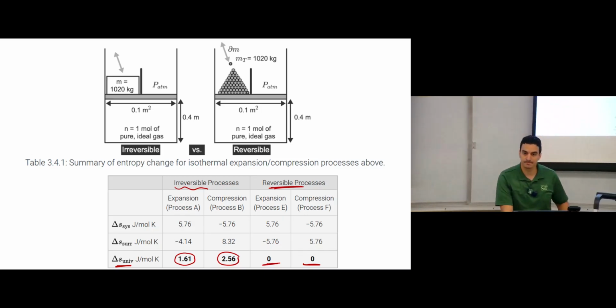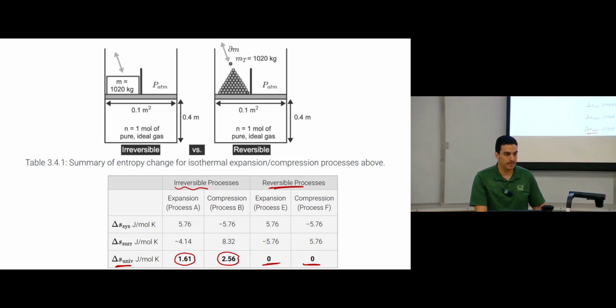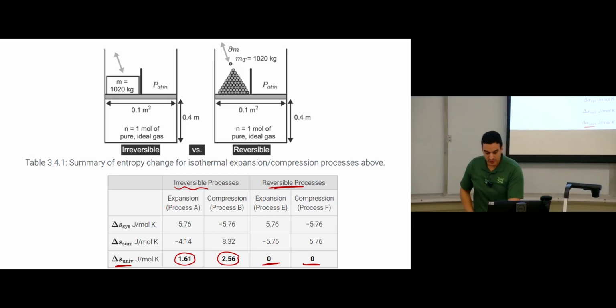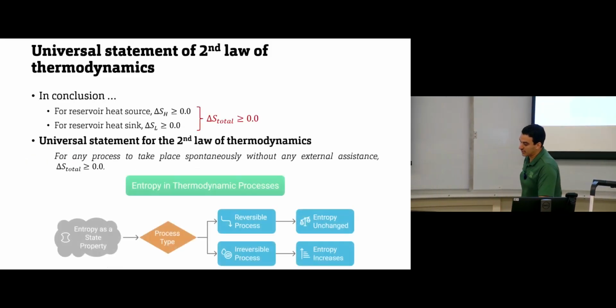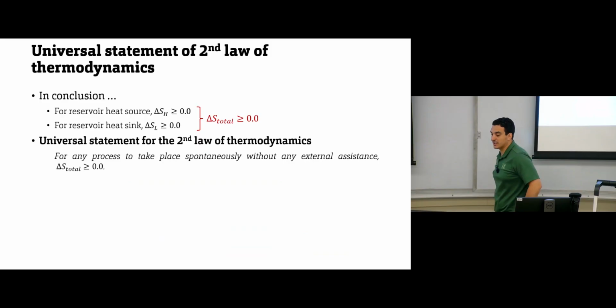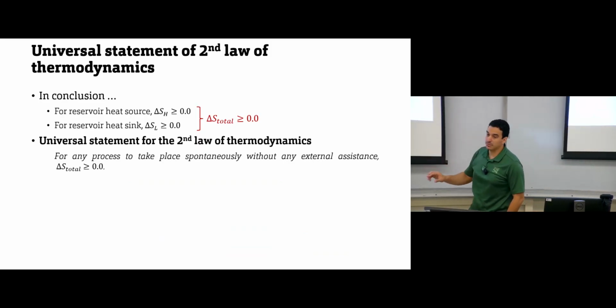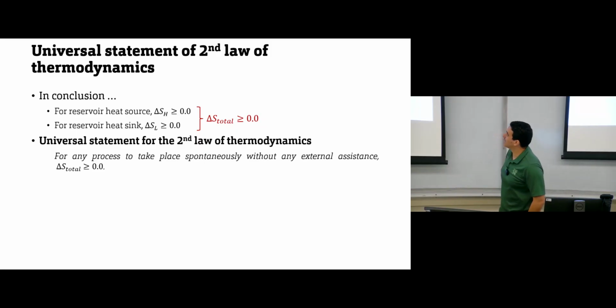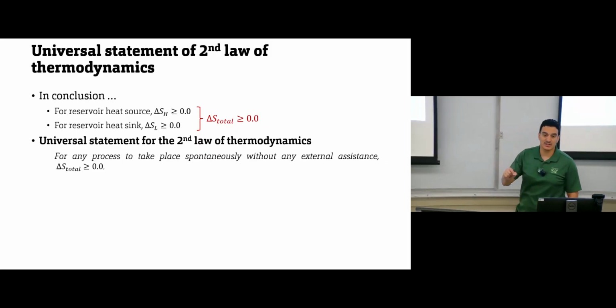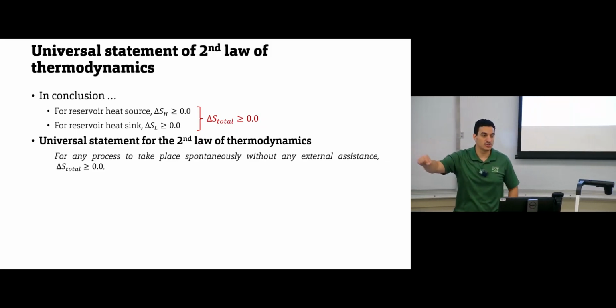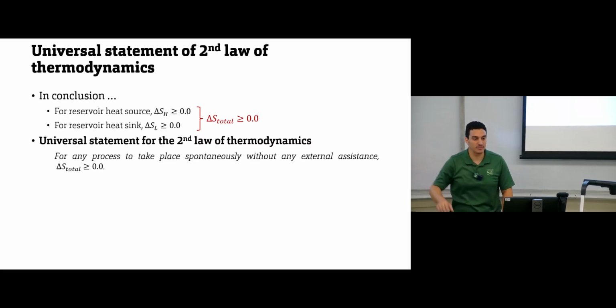So far it's clear? Any questions? This led us to the statement of the second law of thermodynamics, which says that for any process to take place spontaneously without any external assistance, delta S total should be greater than or equal to 0. This statement combines hundreds of statements describing the second law.